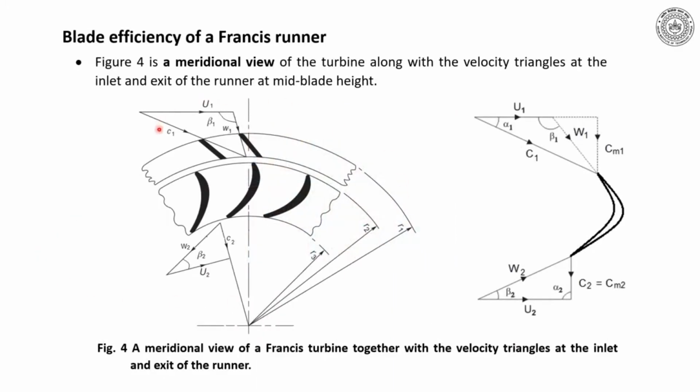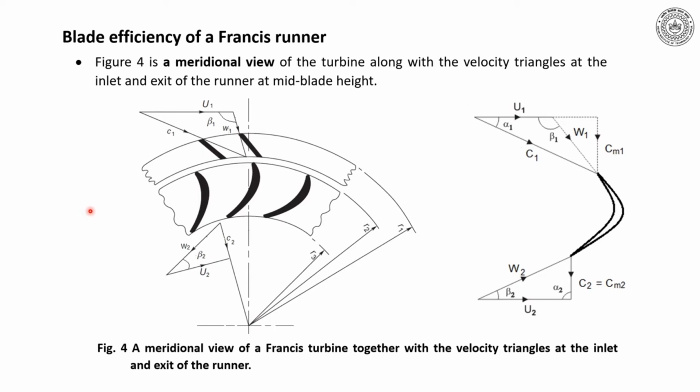The meridional view of a Francis turbine at the mid blade height along with the inlet and exit velocity triangles have been presented here. I have illustrated earlier about the meridional streamline or meridional circumferential section.